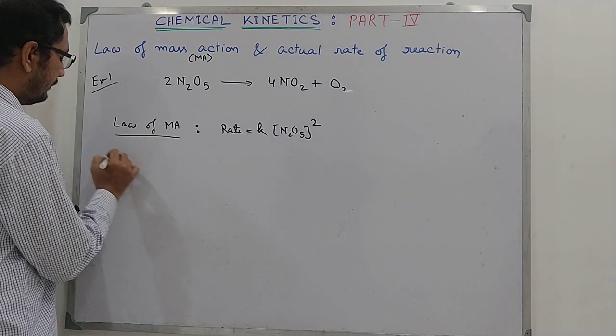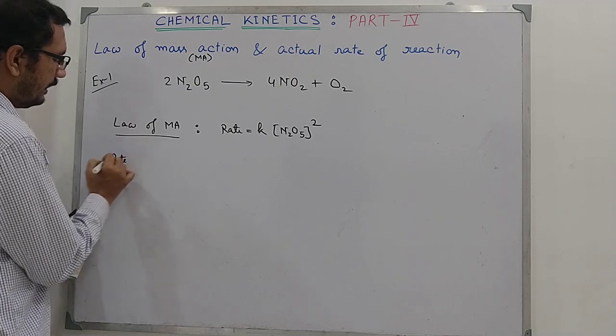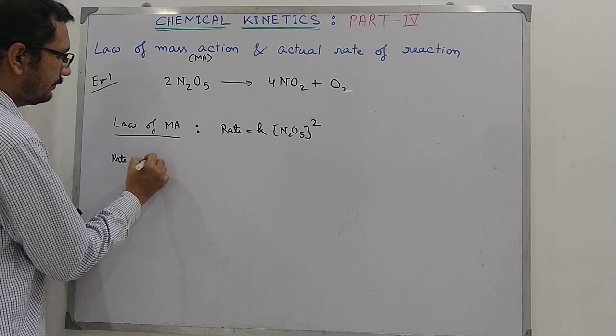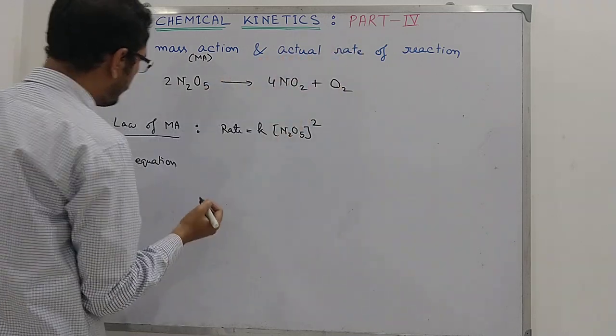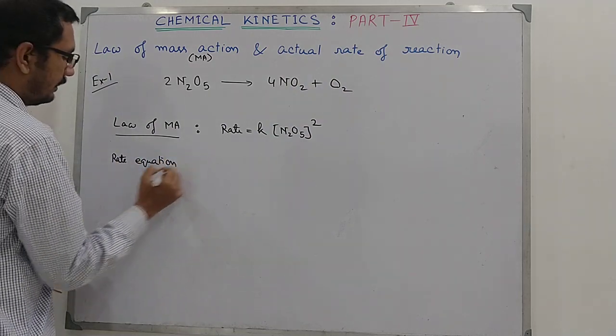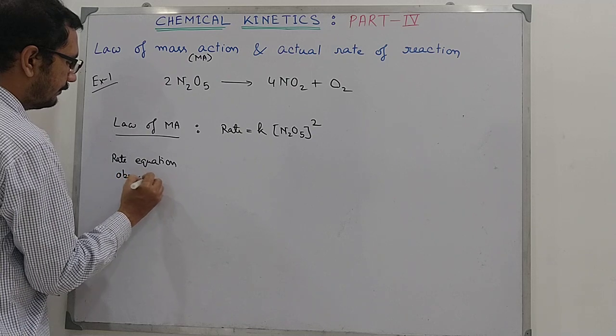But when we perform an experiment and get the rate equation, which I am referring to as the actual rate of reaction or the actual rate equation, that is, the rate equation observed experimentally.